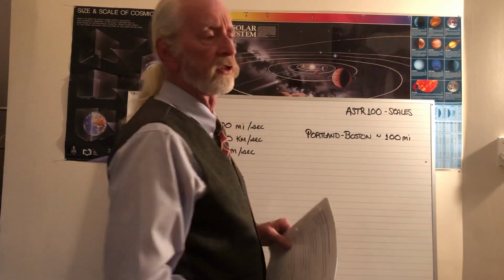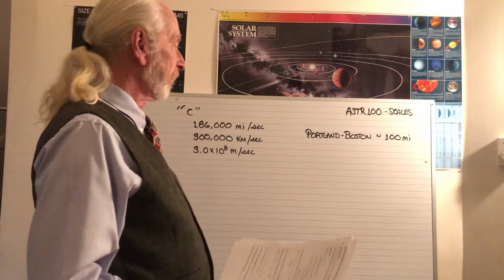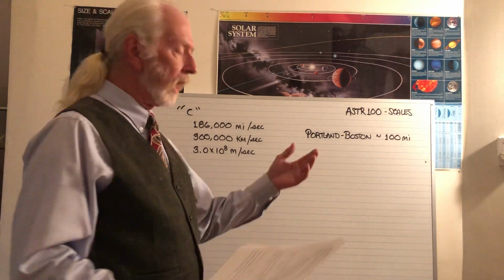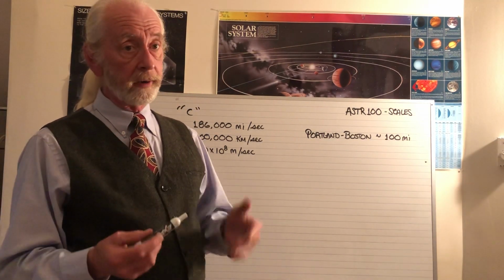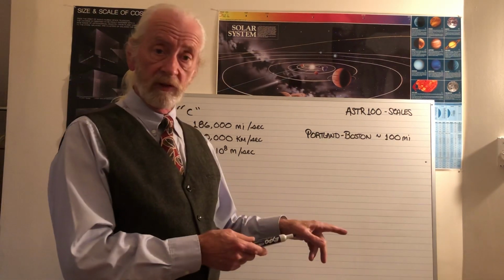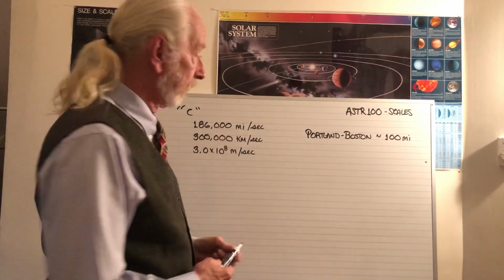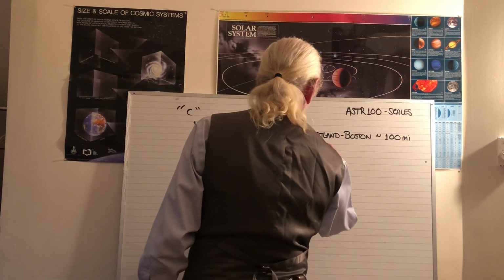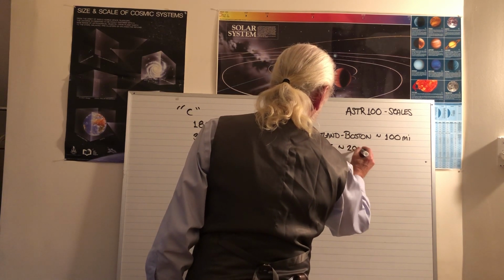Now, maybe it's 107 miles, maybe it's 93 miles, I don't know. But let's just rough it out and say it's an even 100 miles from Portland to Boston. I mention that because most, if not all of you, have had the experience of getting in a car, driving down 95 to get to Boston, and driving back. So a round trip is going to be roughly 200 miles.